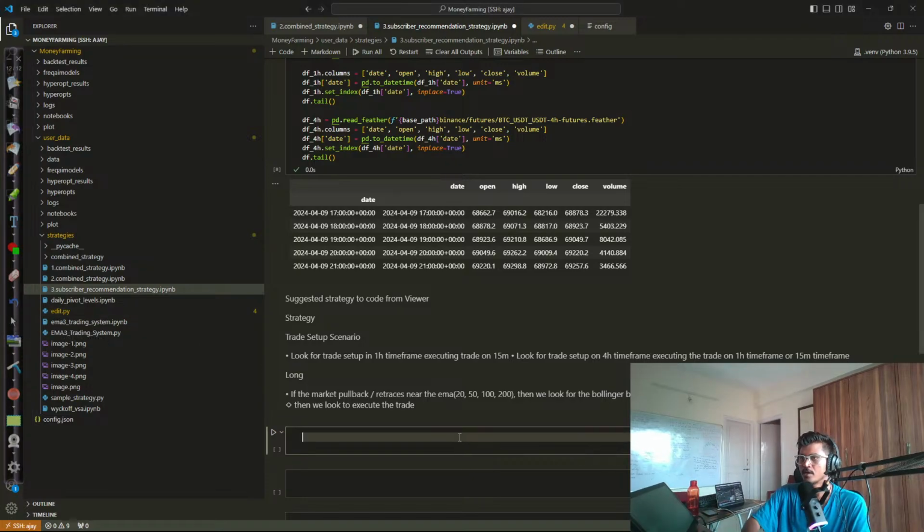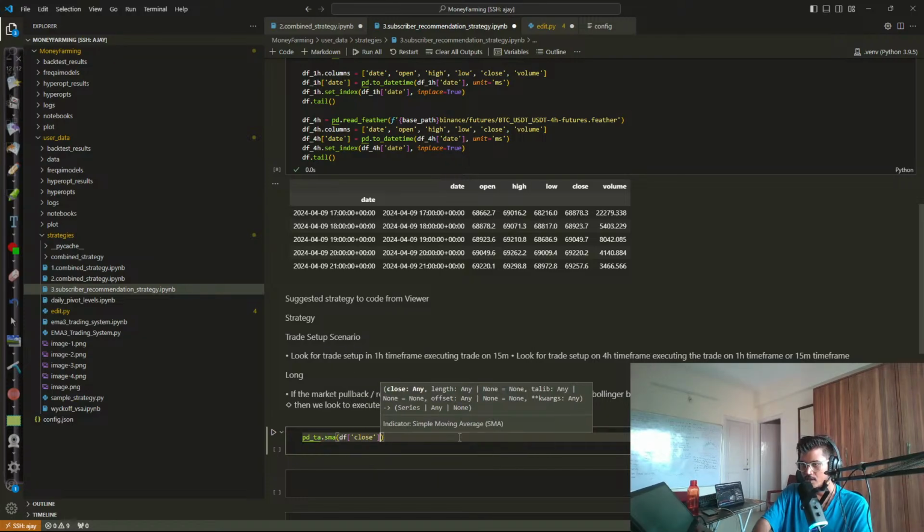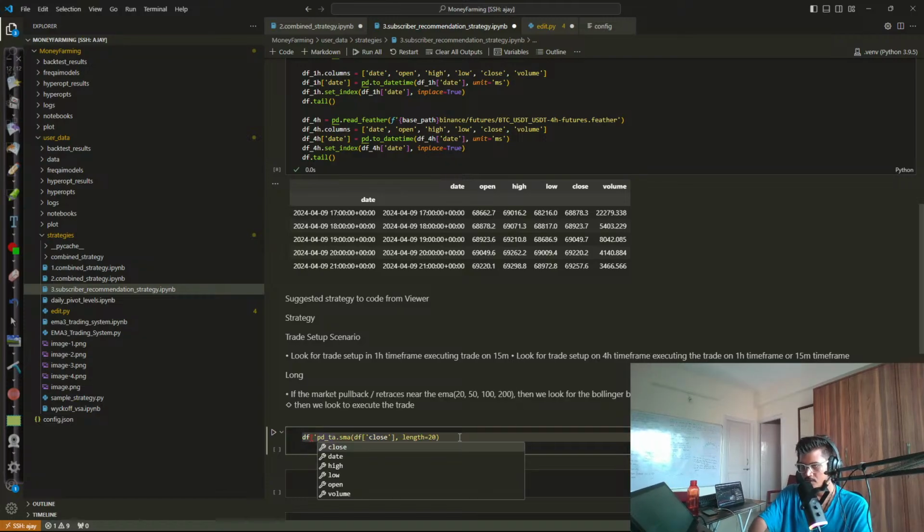Okay, so we're gonna be using pandas TA, EMA on close with length 20, so EMA 20.